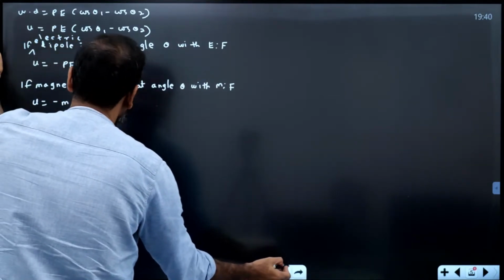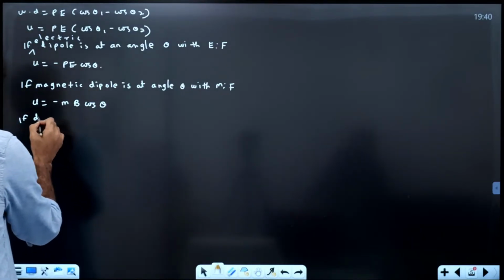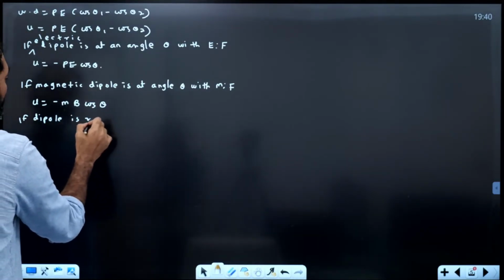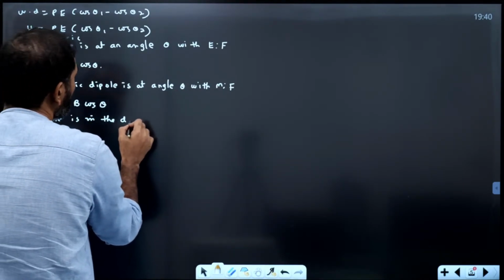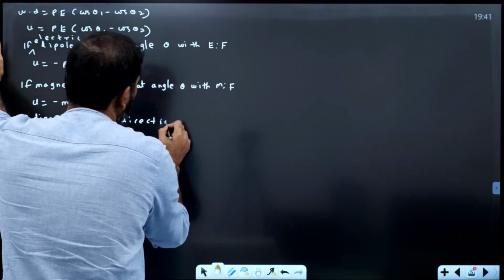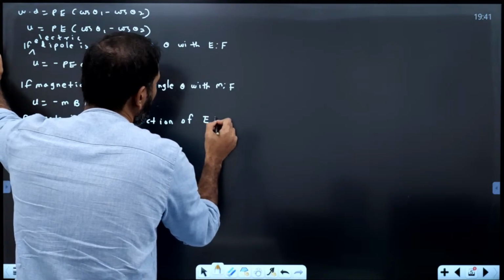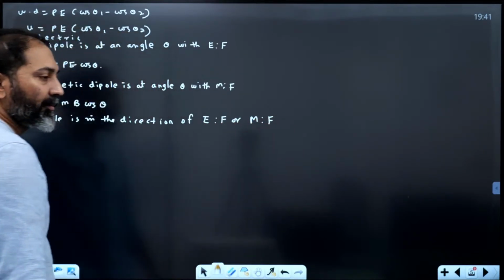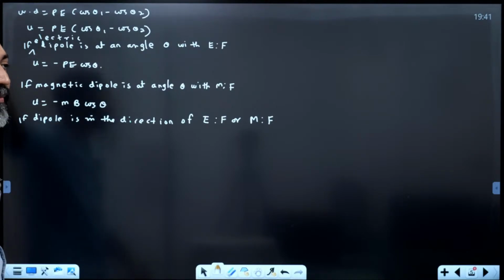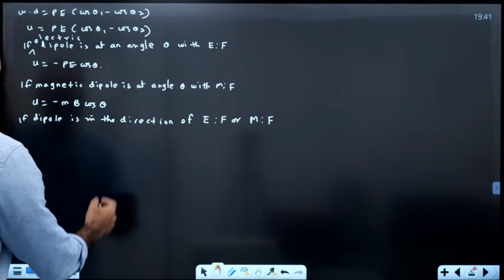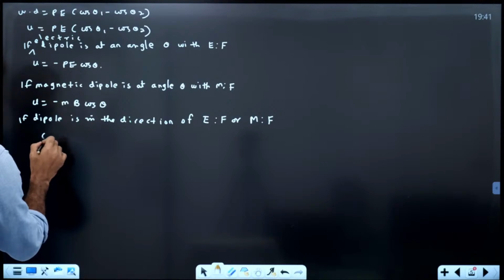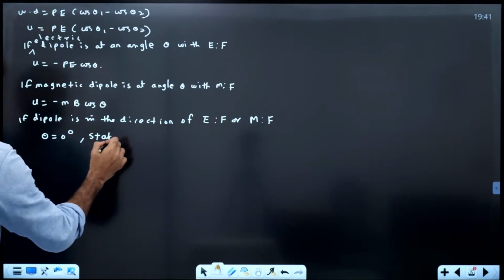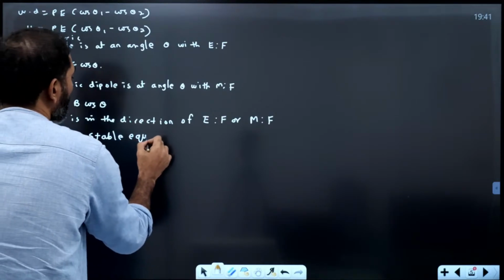Now, I am simply writing dipole, it can be electric or magnetic. If the electric dipole is in the direction of the electric field or the magnetic dipole is in the direction of the magnetic field, then theta will be 0. This is called stable equilibrium.